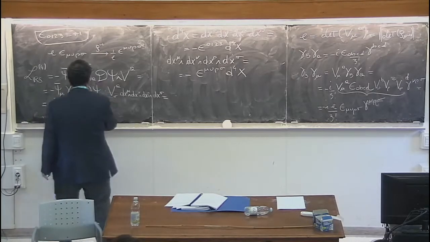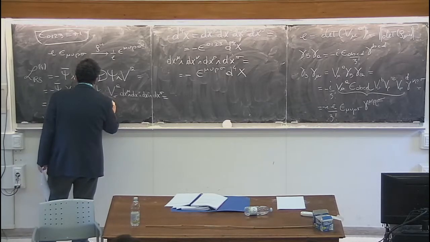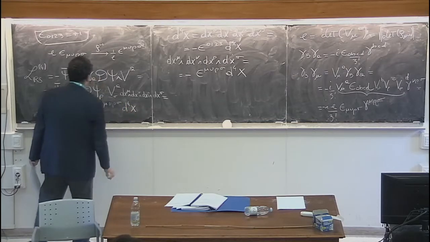What we get is plus epsilon mu nu rho sigma d4x.